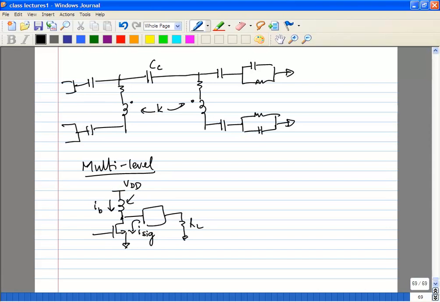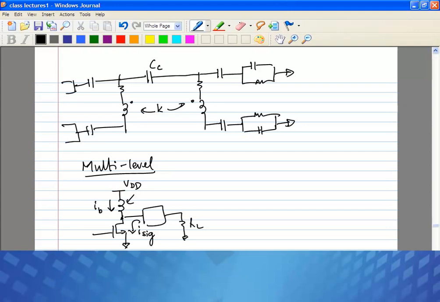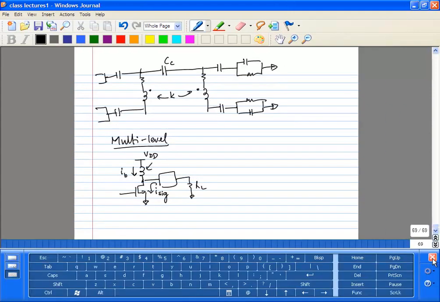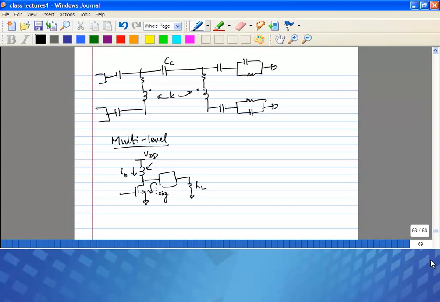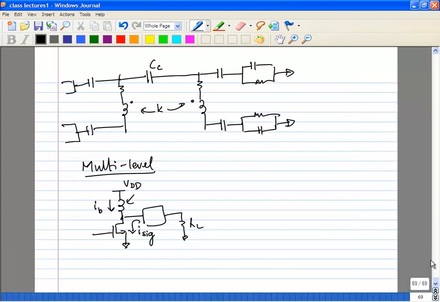Or another case where you might be interested: there are circuits that are not tuned circuits, but are actually broadband amplifiers. So you might have a case where your amplifier needs to have this, your normal RC amplifier. There are cases where if you use inductors, you can actually get a response which looks something like this.